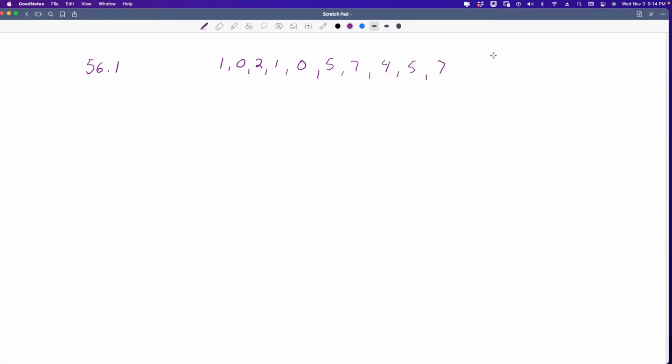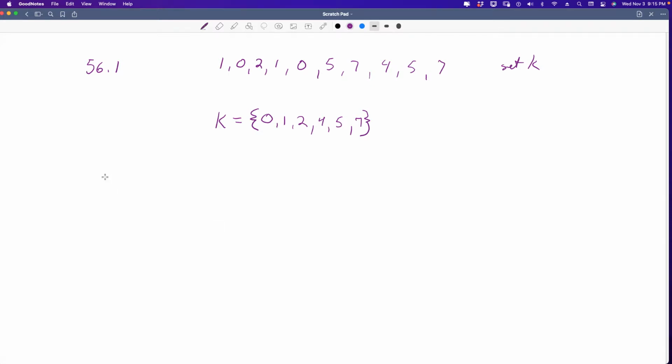This is set K. So we need to designate this set. We're going to call this K is equal to, with our little bracket here. We usually start with the smallest number and work our way up to the highest number. That's the correct way to write a set. So 0 is our smallest, then we have 1, then we have 2, we don't have a 3, we have a 4, we have a 5, we don't have a 6, but we do have a 7. And that's how we would write that set.